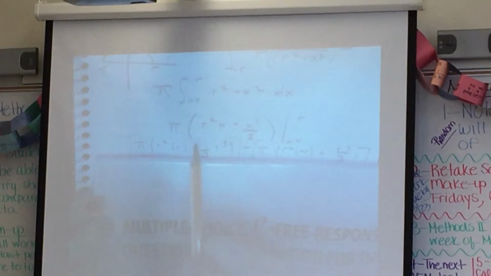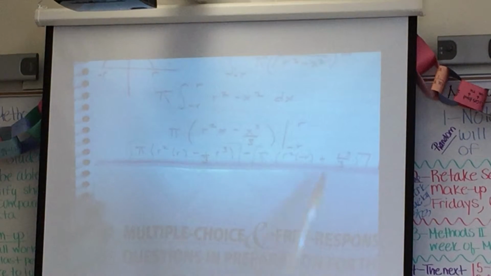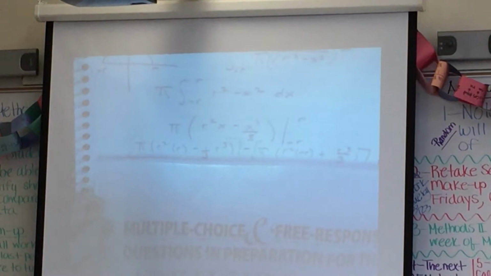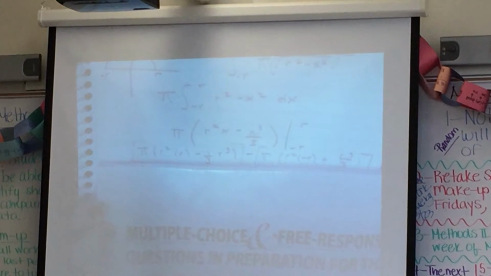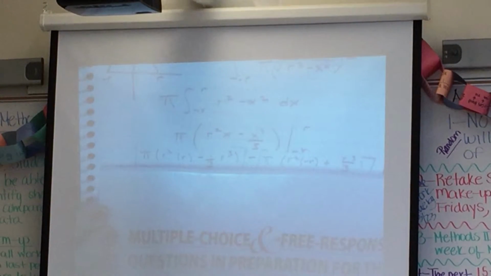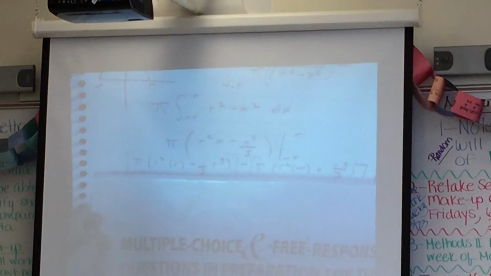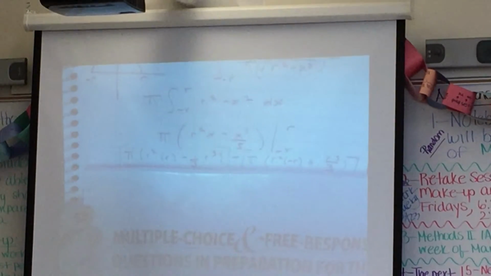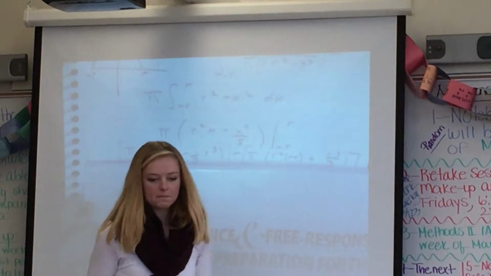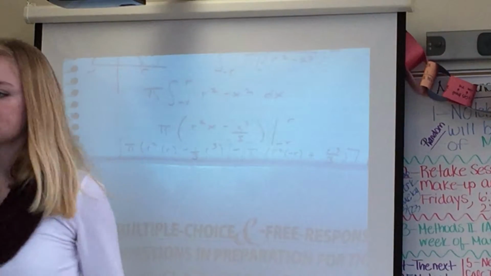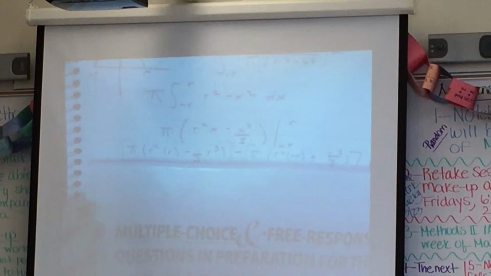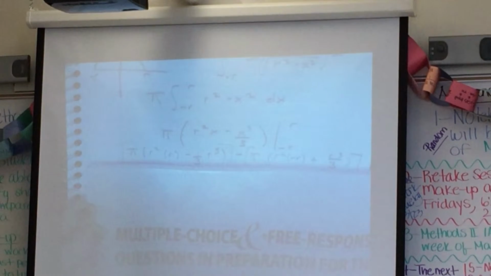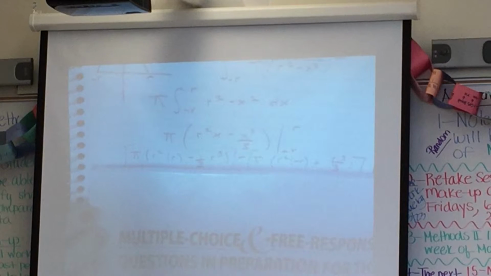So is everyone good with this line right here of what happened, how we got this stuff, when we plug in r and negative r for x? Give them a moment, Morgan, because they need to understand that. They know that they're doing a fundamental theorem of calculus, but I need you to follow the plug-in. It's no different than our ln4 minus ln5, something like that. It's the same idea.